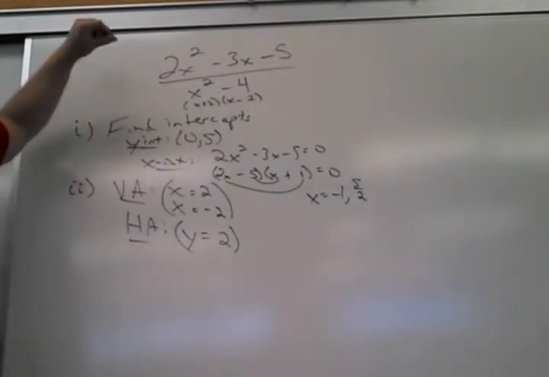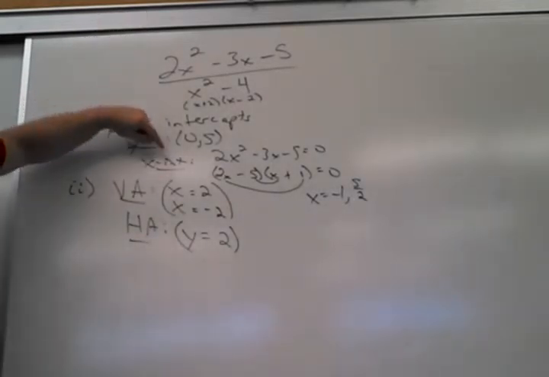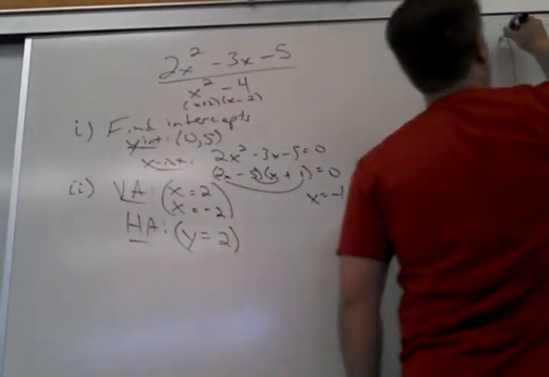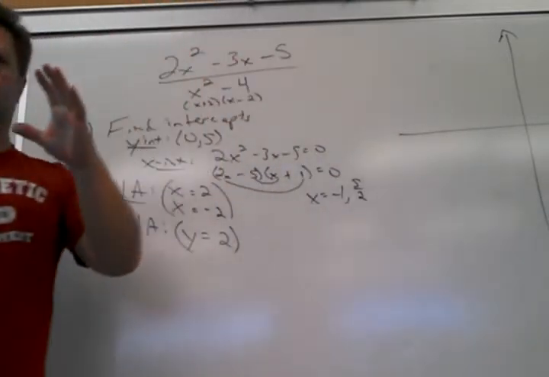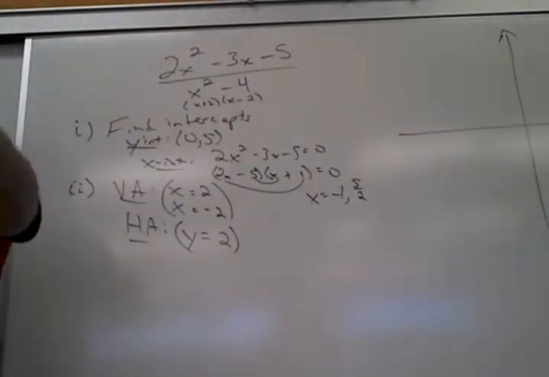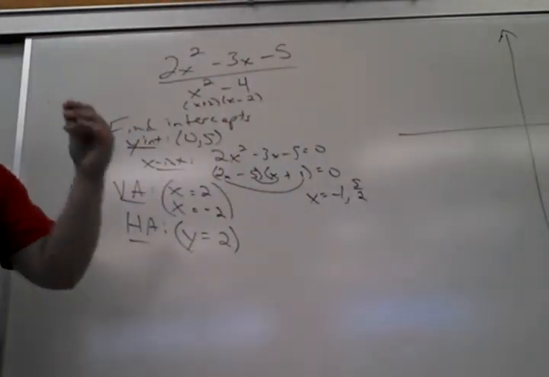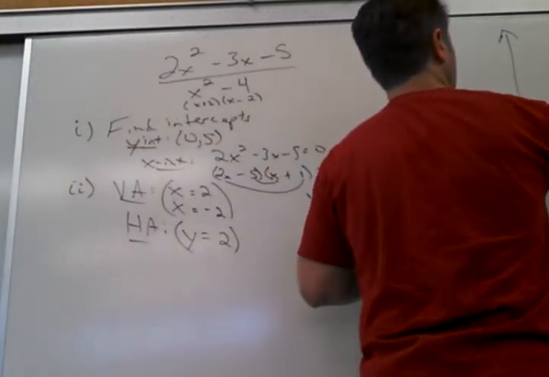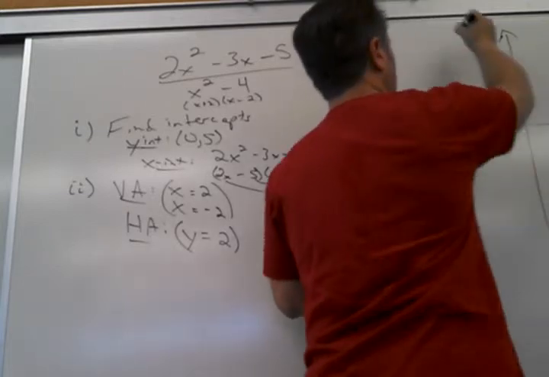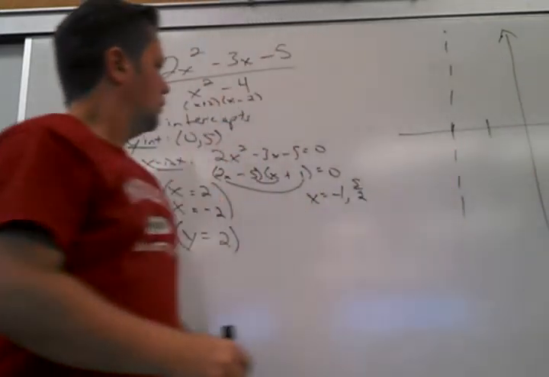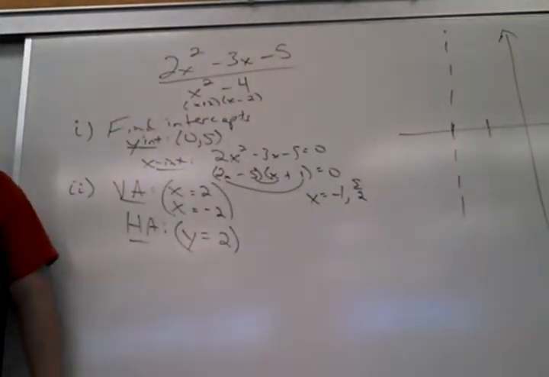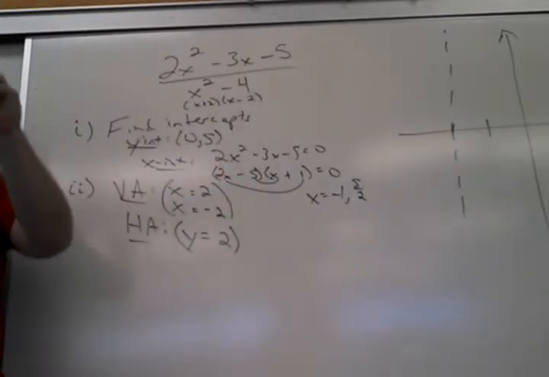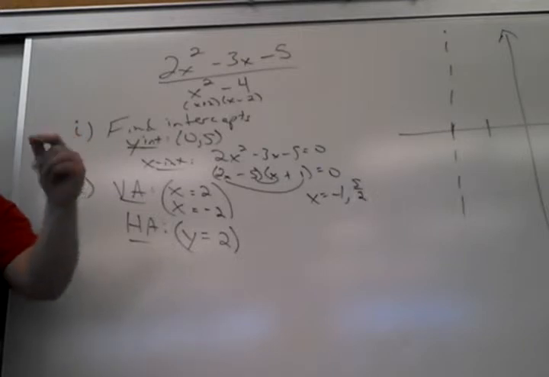So how does that look graphically? What do we know so far? So now I can put my walls up, right? My vertical walls are going to be at negative 2 and 2. And we're going to have the same kind of problem we did with the graphing of polynomials.